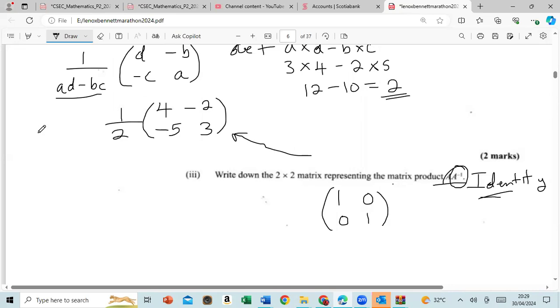This represents the inverse of A. So all we have to do now is multiply the inverse by the original that we were given. So it would be a half, which represents the inverse, a half times 4, negative 2, negative 5, 3.